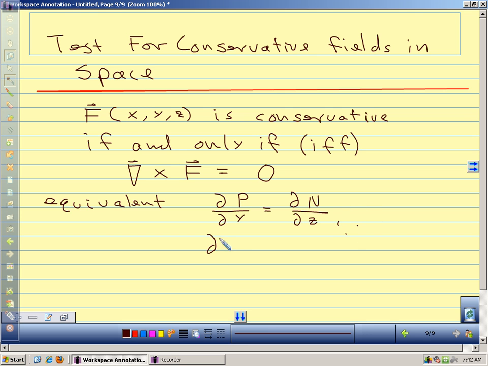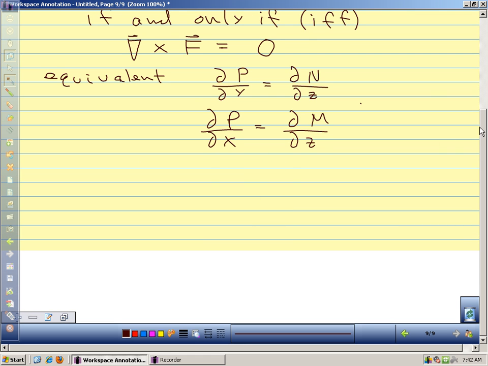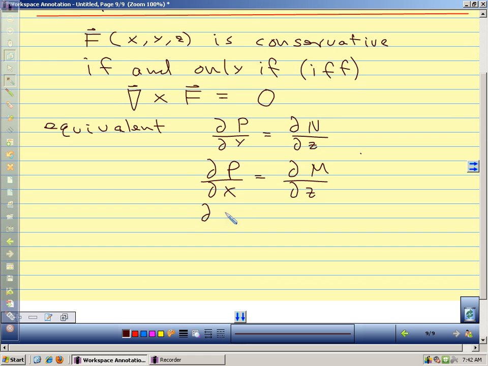dP/dx equals dM/dz. And dN/dx equals dM/dy.